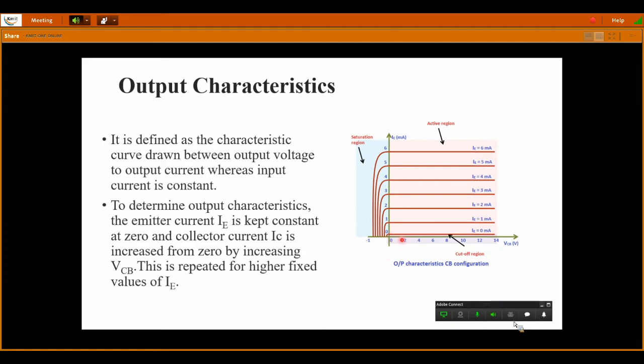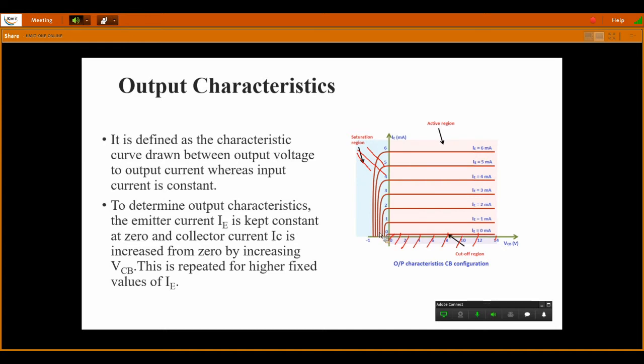Now the region which is below IE equal to 0 is called the cutoff region, whereas if VCB, the output junction voltage, is negative, then this shows the saturation region, because your output junction is also forward biased, so more charge carriers are available at the output terminal.